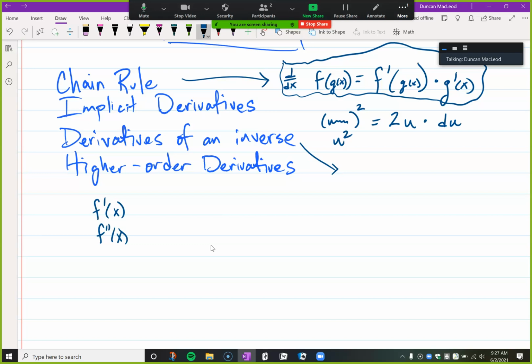If it's implicit, then you would have dx squared over d squared y. Yeah, that's correct. Wait, I have that backwards. I wrote it upside down.